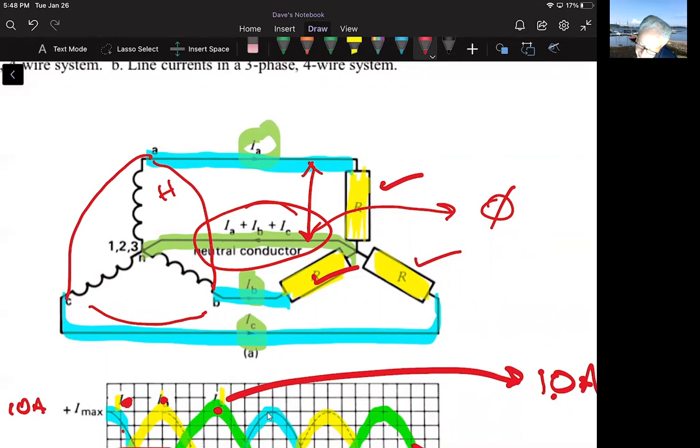In our lab, we have 208 phase to phase, and the phase to neutral comes out to be 120 volts. Well, 120 volts is a very useful voltage, isn't it? We have lots of applications for that. So anyway, that's our overview definition of Y. And in the next section, we'll get into the voltage relationships, phase to phase and phase to neutral, and how they're calculated in section 8.9.